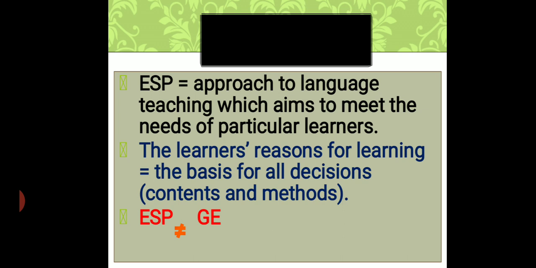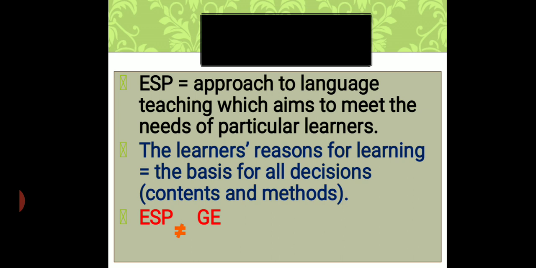Remember, ESP is the approach to language teaching which aims to meet the needs of particular learners. So we are teaching English by meeting the needs, by fulfilling the needs of our learners. And then the learners' reasons or needs for their learning of English will be the basis for all decisions that we make in our English class.